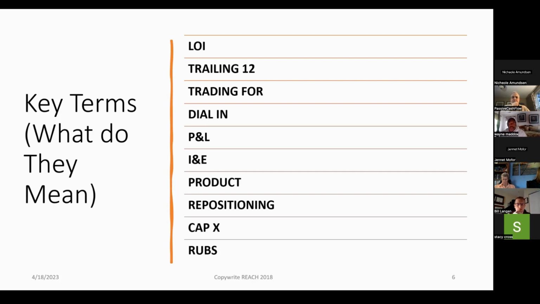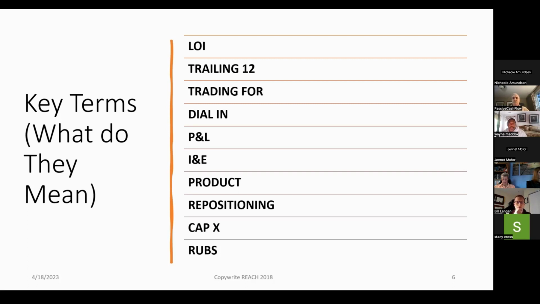We send a letter to the seller, to the broker, telling them what we are interested in buying, and it is non-binding. A lot of us think of it as a way to start negotiations. So LOI, you're going to hear it, it's just a letter of intent, and it's our first bid to the seller, to the broker, that we are interested in the property and what we think we might want to pay for it in terms.